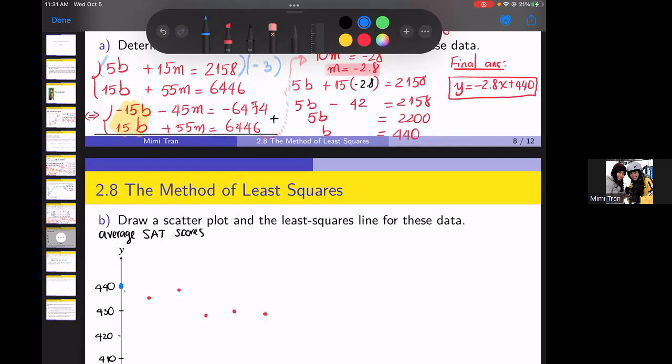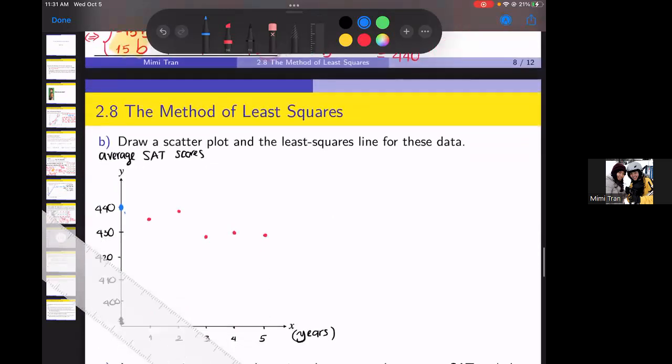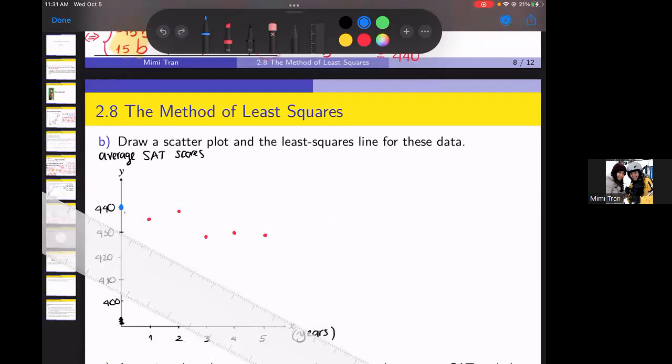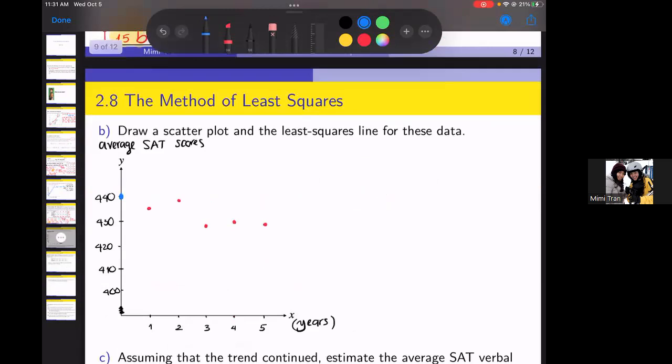I'm looking for a ruler. Right. Maybe like that. Oh, hang on. Sorry. Right, rise down 2.8 and run over 1. 1 is all the way over here. 1 is all the way there.